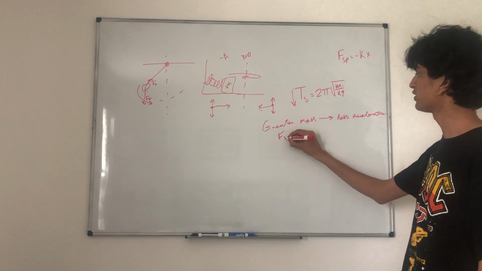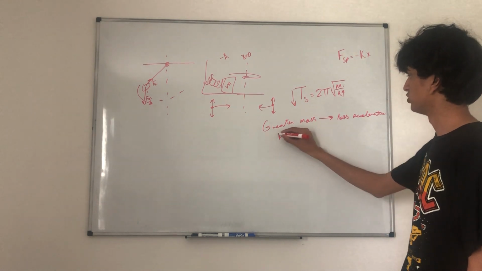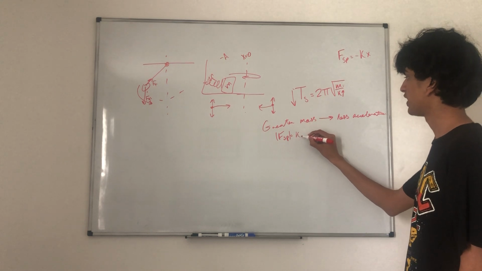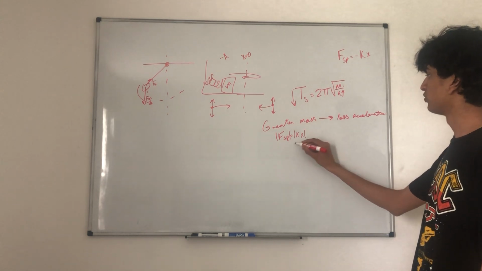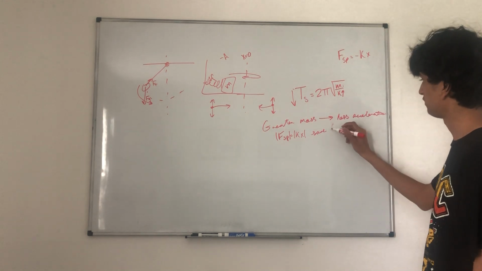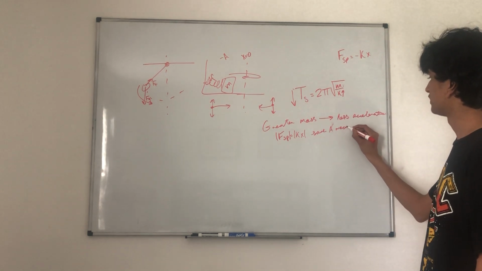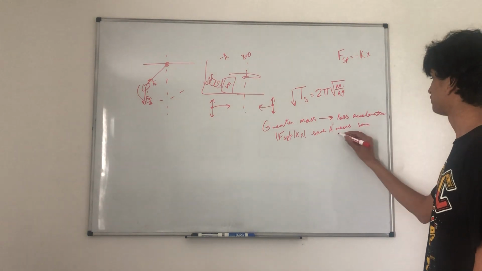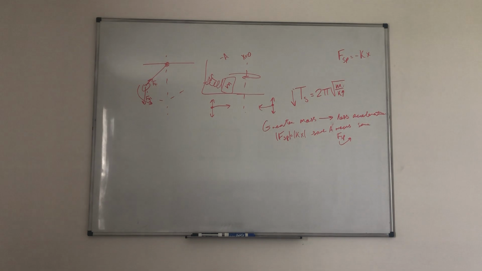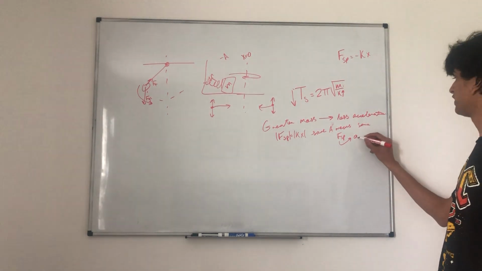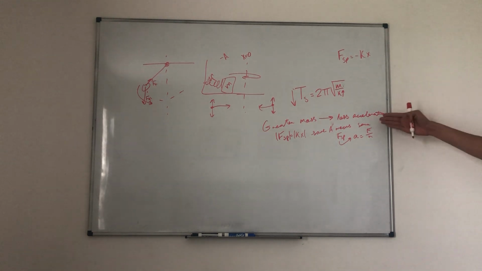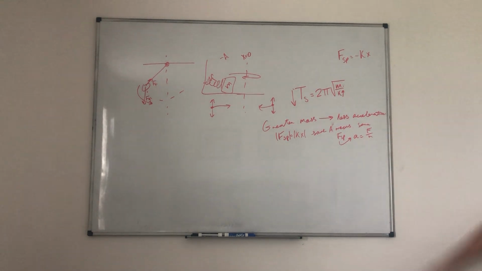Because force spring, we can do absolute values, is going to equal kx. So same x, same amplitude really. Same amplitude means same force spring, and that will ultimately result in less acceleration, because a is equal to F net over m, right? Same F net, bigger m, less acceleration.